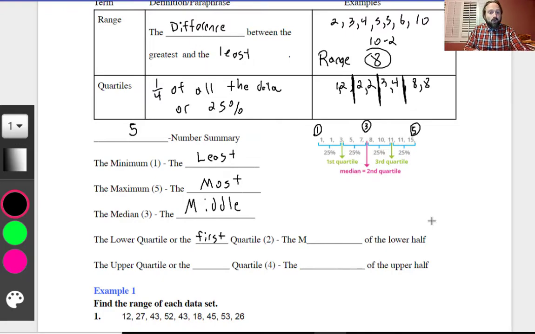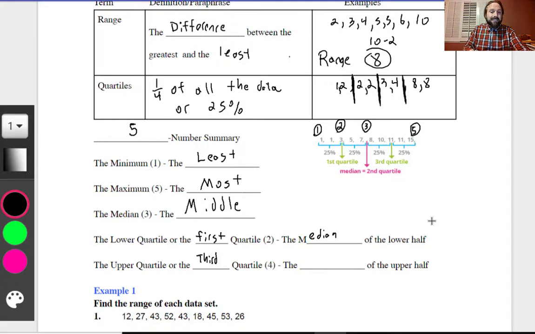Now, we have the lower quartile, or the first quartile. So that's going to be the middle of the lower half. So this is the median of the lower half. So that's right here. Then we have the upper quartile, or the third quartile.